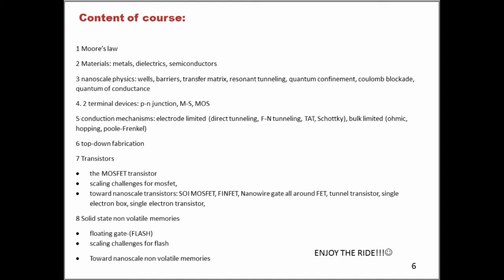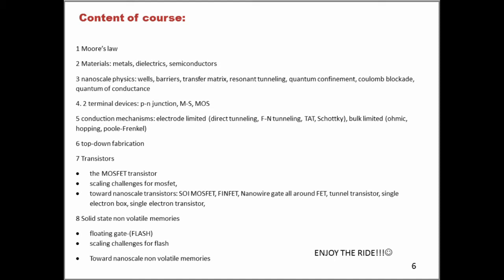Chapter 5 is actually about conduction mechanisms, so probably this is something new for you. So we will discuss the several types of conduction mechanisms that you could have in a material. Now there are two types, two groups maybe: electrode limited, where we will look at direct tunneling, Fowler-Nordheim tunneling, trap-assisted tunneling, Schottky barriers, and bulk limited mechanisms, which are ohmic, hopping, and Poole-Frenkel.